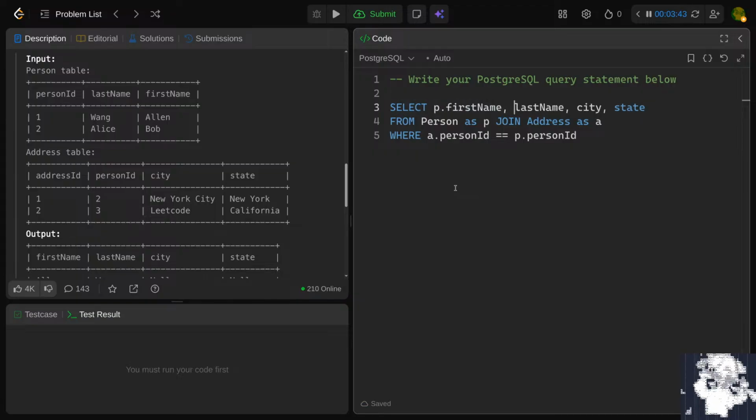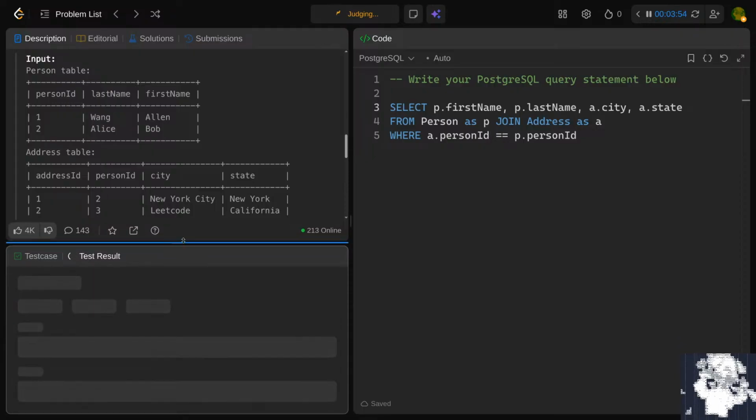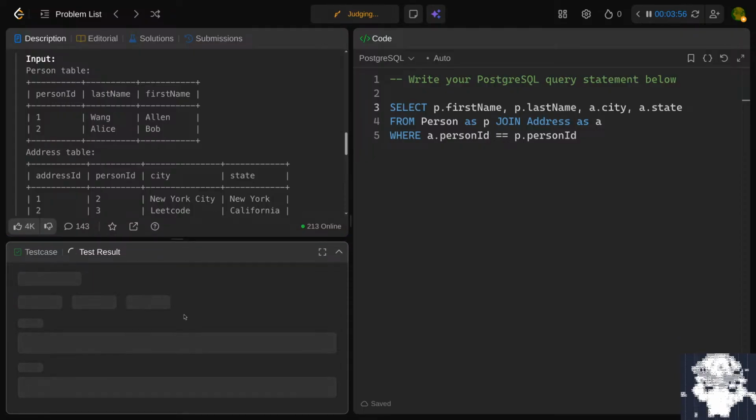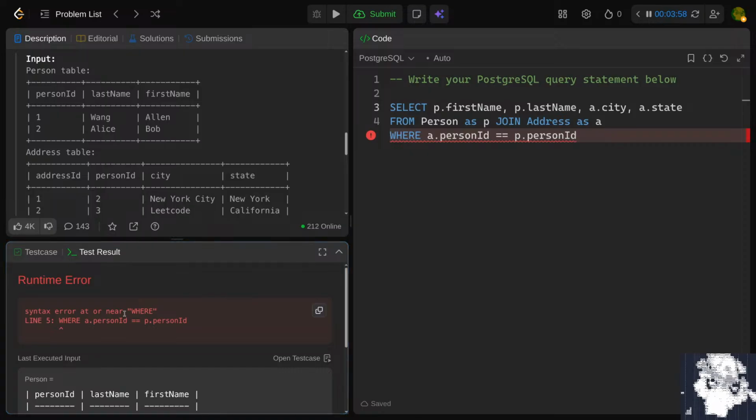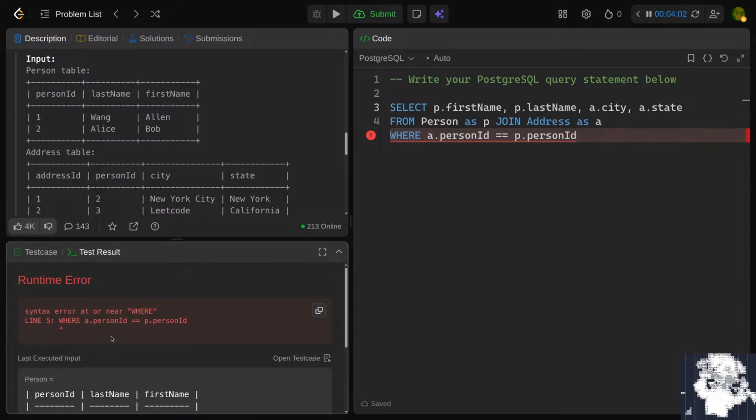Person is the thing with the name, city and state is the thing with the address, and now I know this syntax is wrong. I just need something to tell me where my errors are so I can fix them, because I don't know Postgres SQL syntax that well. Syntax error at or near where.